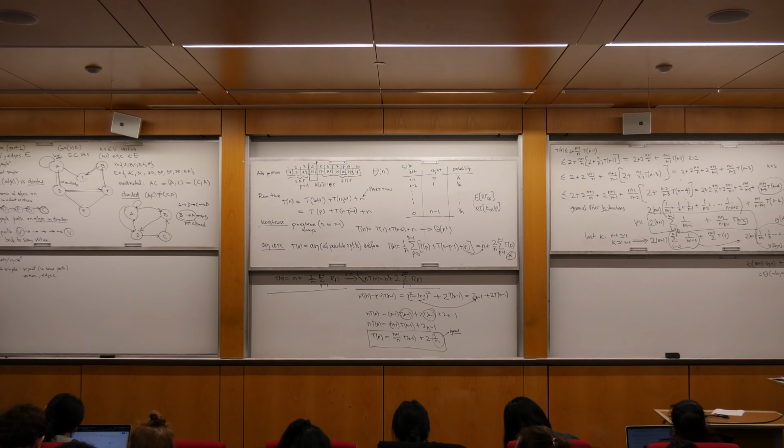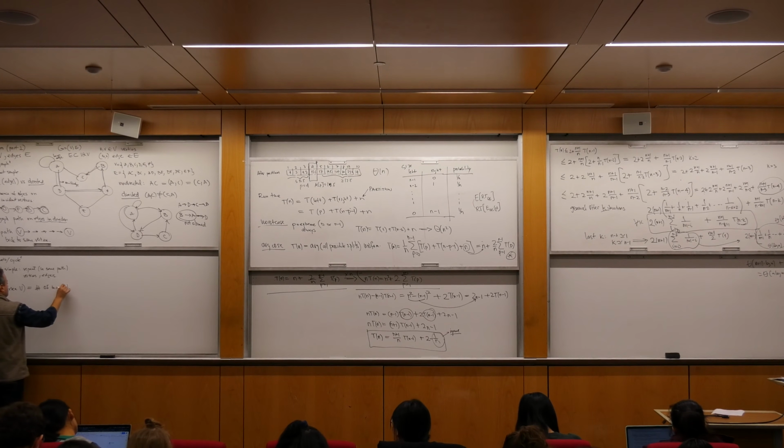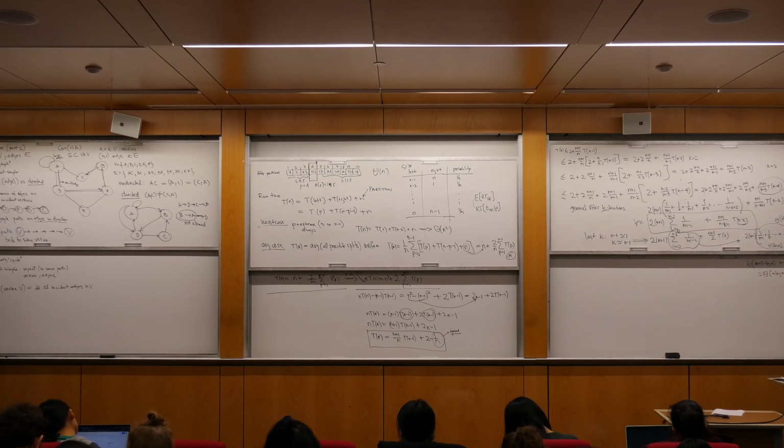And now I have the degree of a vertex, which is the number of incident edges. So in the undirected case, there's no doubt what that means, right? Here are the edges. I count how many there are. What's the degree here?